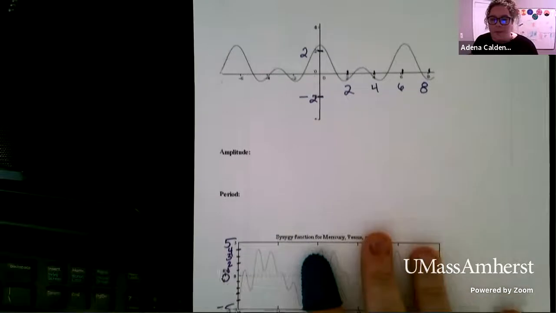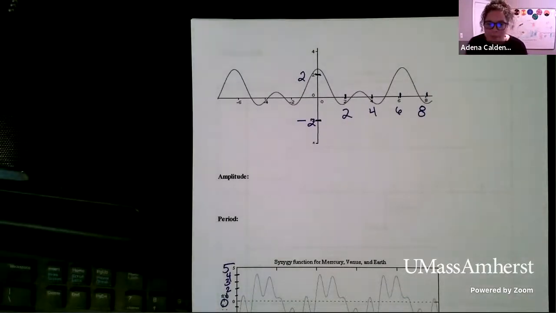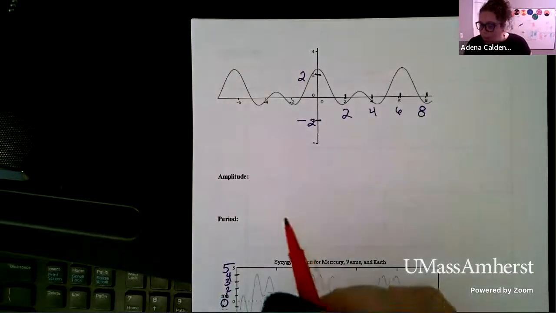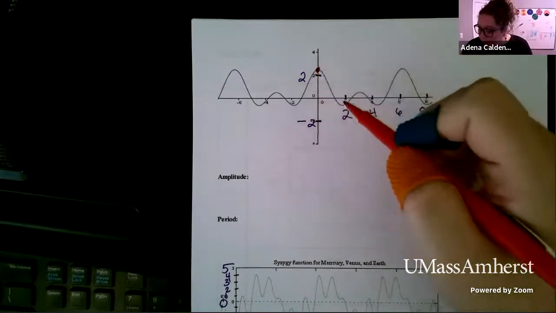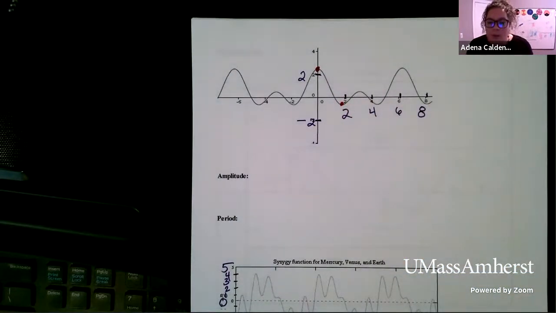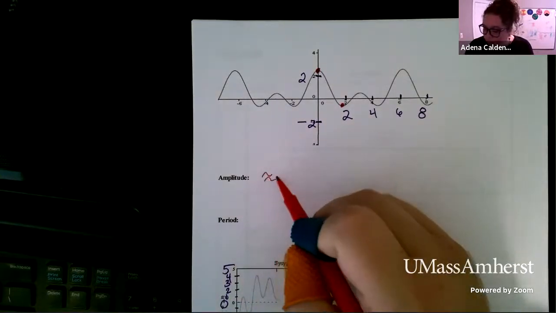All right, so let's go through these. So again, these are approximations. So if you didn't approximate exactly like I did, that's okay, as long as you're relatively close to what I got, okay? So to do the amplitude, we need to figure out this maximum value and the minimum value, okay? So for my maximum value, I picked 2.5.